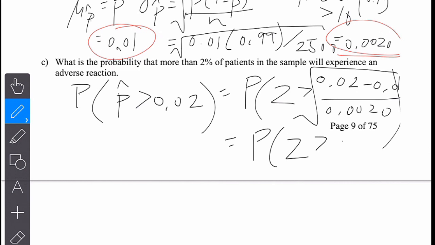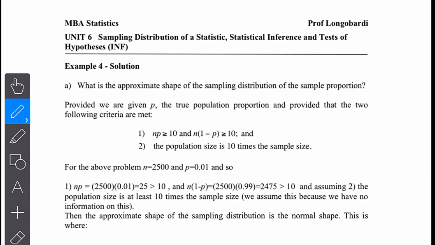Now I'm only rounding to 2 decimal places, right? Because I have to use my table, the Z table. So let me check if I did this right. Let me go forward to the answers. Is that what I got? Did I do something wrong?